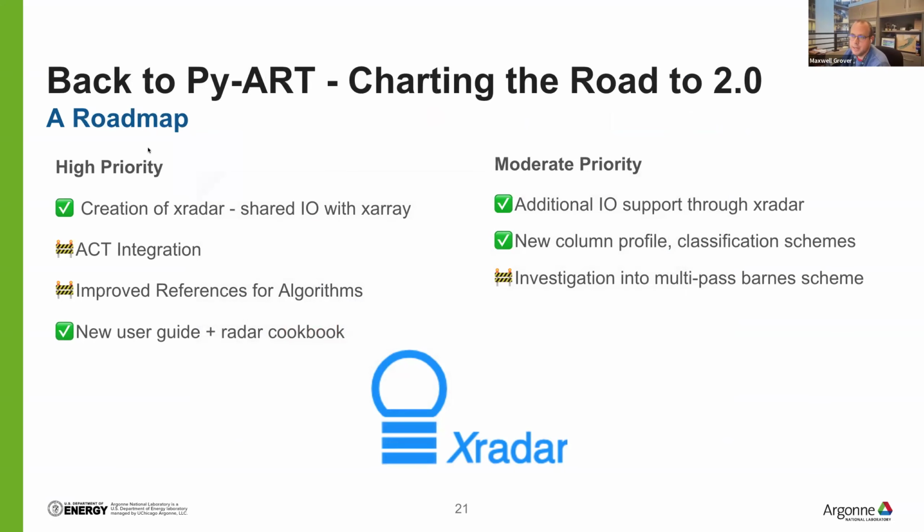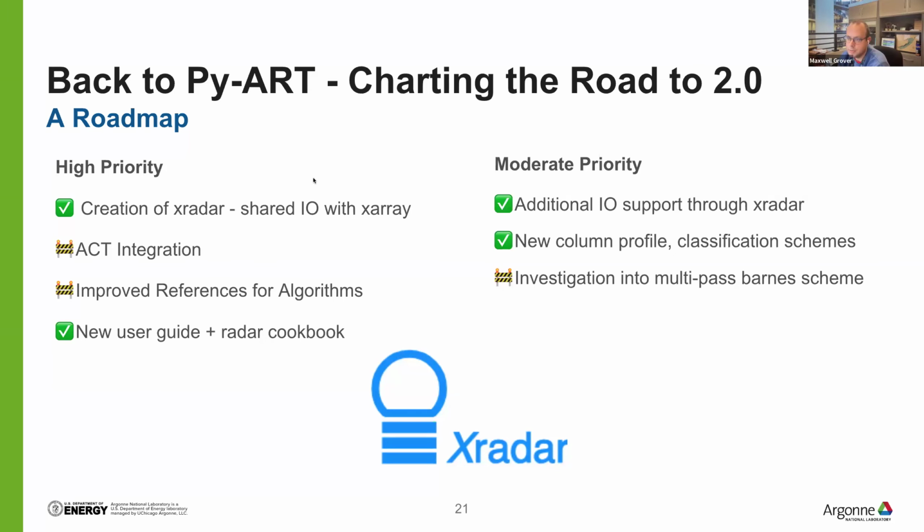So on the PyArt side, we're pushing for 2.0, really kind of replacing that core radar object with XRadar here, and basically making the Xarray object the main object people are passing around, working with, and using within the toolkit. So you can see sort of the high priority items there.